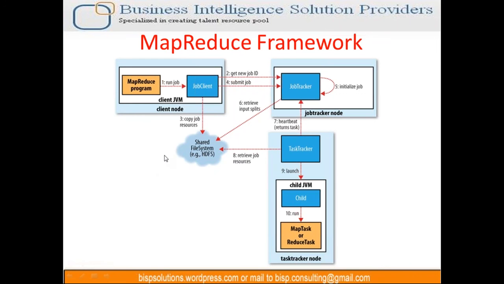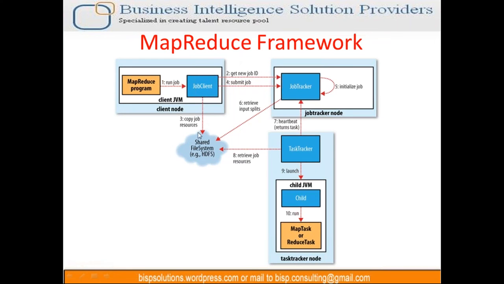All the nodes can access HDFS. So all the necessary information, like the program or any config file, will be stored on this HDFS. The user is not doing it. All is done by the job client, which is an internal API of the MapReduce. So the user is just submitting the job. All this process is happening internally, right?